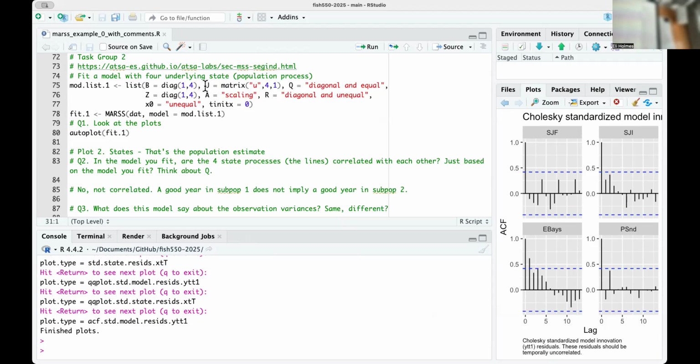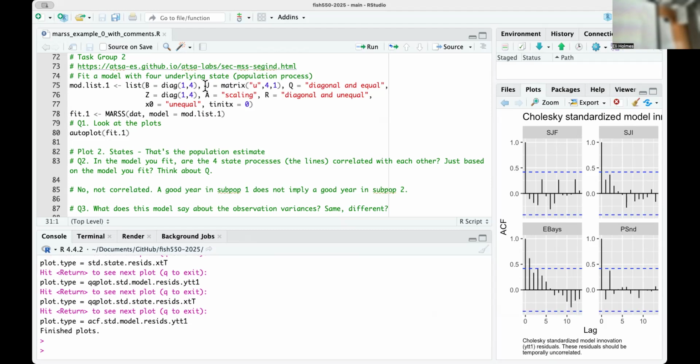And then we have the W's, which are going to have a multivariate normal 0, Q. Q is a 4x4.